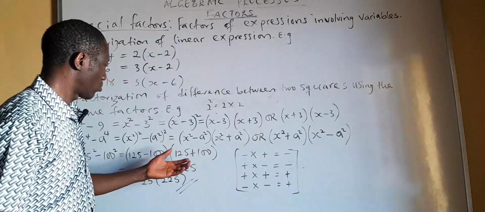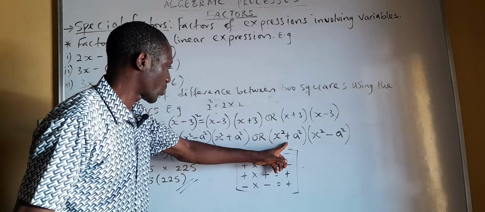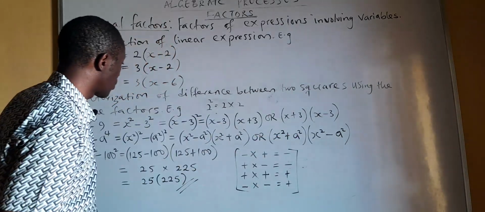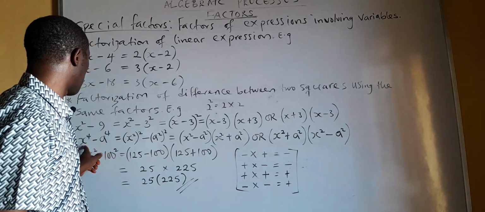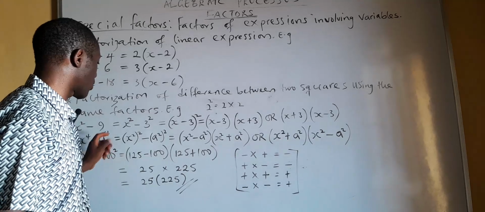So either way is the same thing, either write it this way as well, it's the same thing, either plus first before minus. So this is the expression for this equation, and for this factorization.